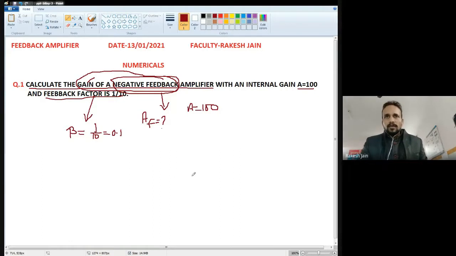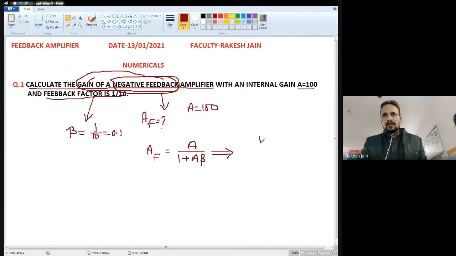We already know the formula from the first benefit which we derived, that the voltage gain is reduced. In that derivation we found at last that AF is equal to A divided by 1 plus A beta. We have already proved this, so it is a direct formula based numerical. Now see what will be AF.